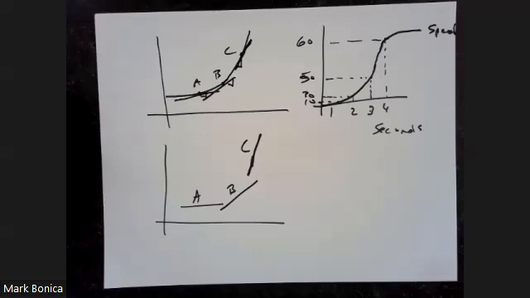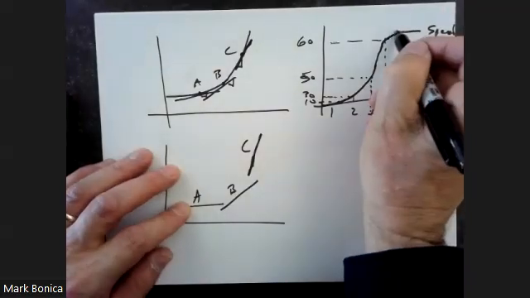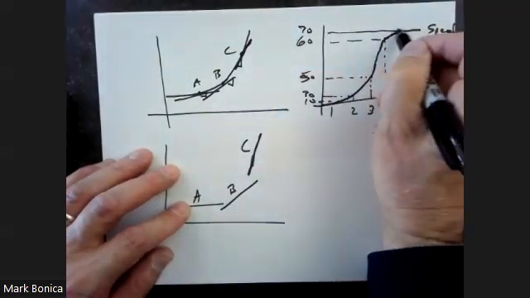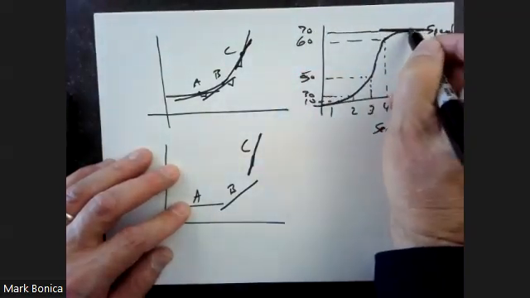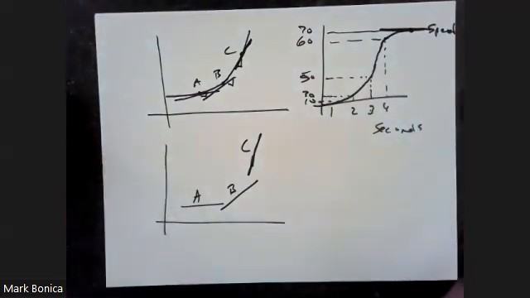It's 0, right? The acceleration is how fast it's changing, not what the speed is. So if I'm cruising here at 70, let's say this is 70, my acceleration is 0.